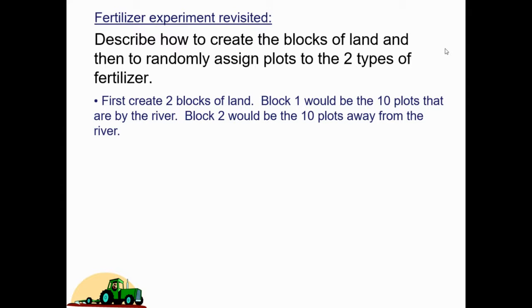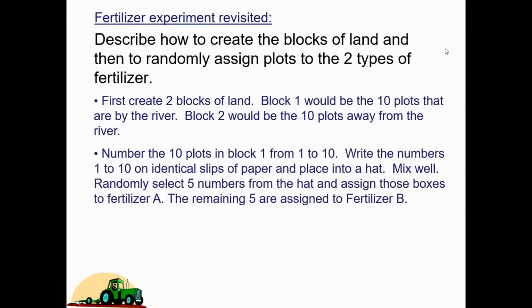Then, once we have our blocks, we number the 10 plots in block 1 from 1 to 10. Write the numbers on identical slips of paper and place them into a hat. Mix them well and randomly pull out 5 numbers.